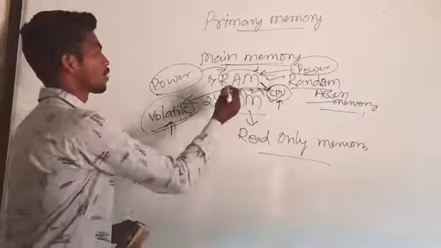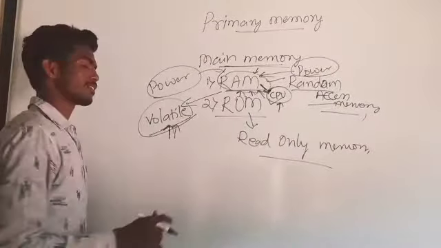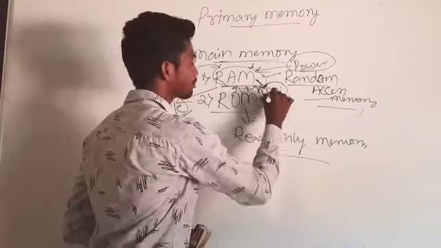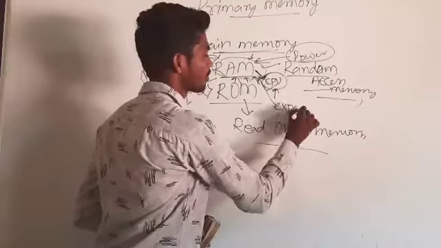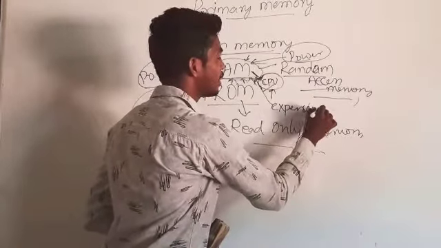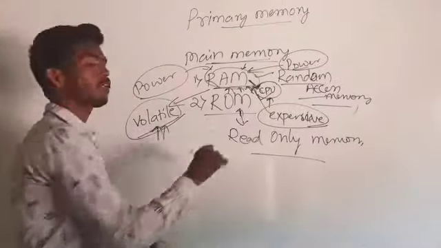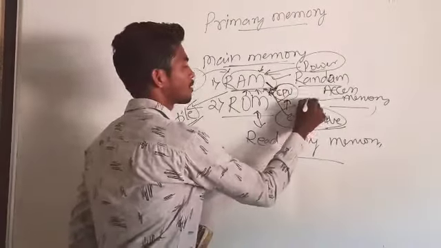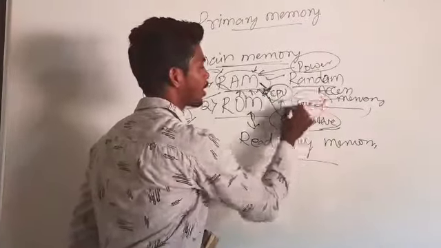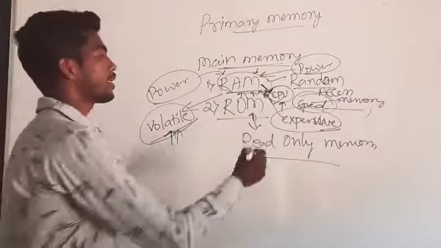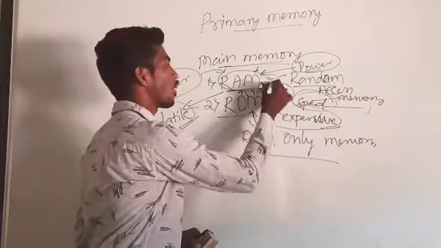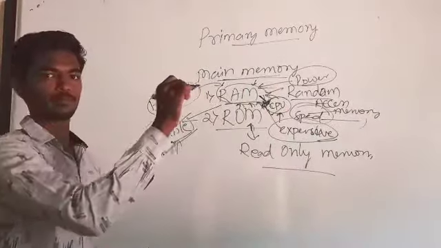For that reason we call it a volatile memory, and it is an expensive one. RAM is expensive compared to ROM, and it is a fast memory, directly attached to the CPU. It retains the data needed by the CPU.